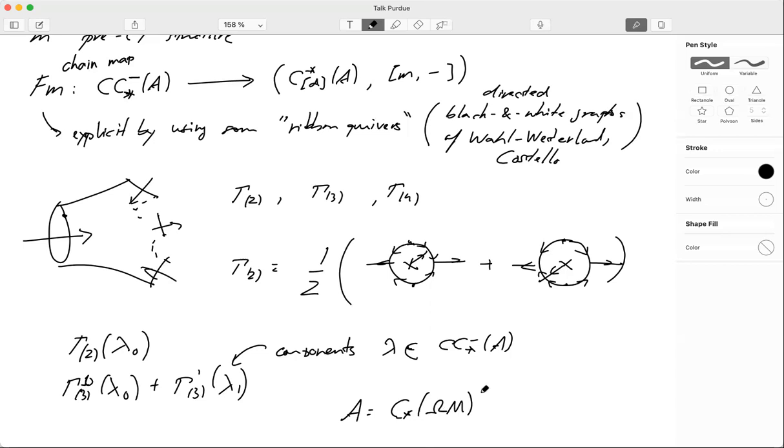Right. So you could input this structure into here, and you would get a pre-Calabi-Yau structure on this algebra, and you get a bunch of these operations, which in theory should be related to string topology. I don't know if you can recover everything from string topology, and this is something I've been thinking about and also talking to Manuel about.